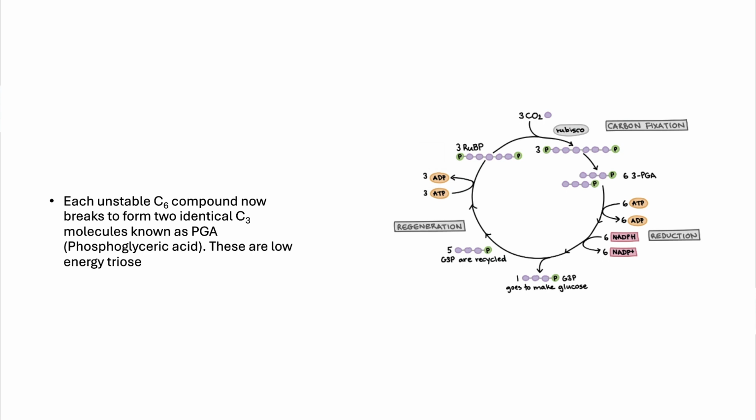Reduction is basically when a molecule gains one or two electrons, and hydrogen is basically an electron. So if this NADP loses an electron, it becomes NADP plus. That's why it's NADP plus, but you don't have to worry about that.